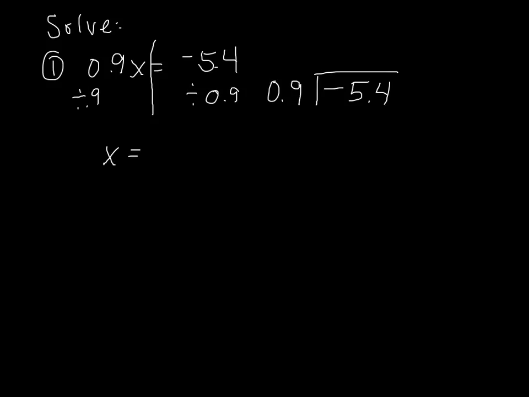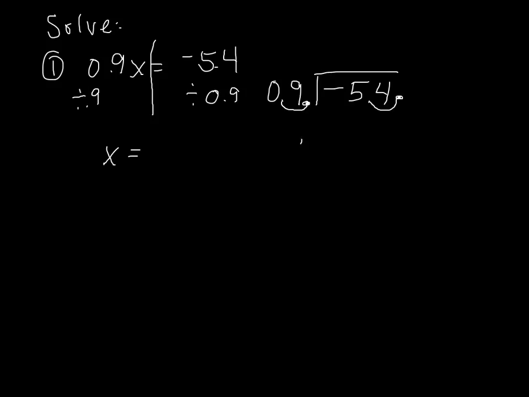How do we divide decimals? Remember, our number on the outside cannot have a decimal point. So we have to move this over 1. So if I move the outside over 1, I need to move the inside over 1.